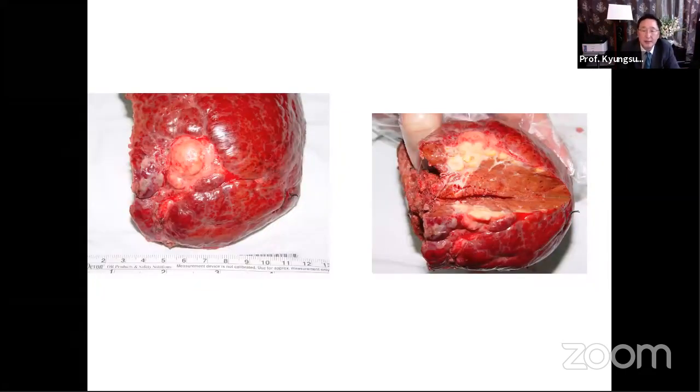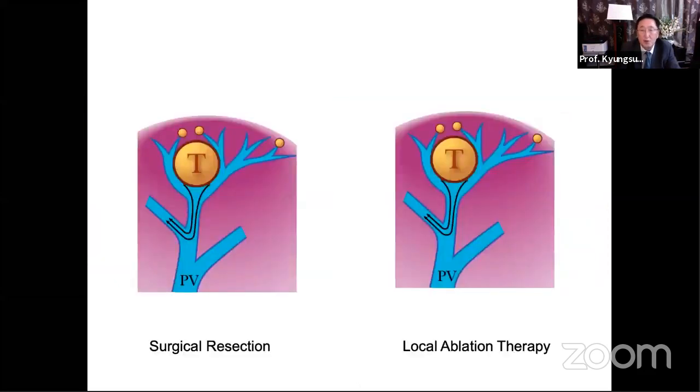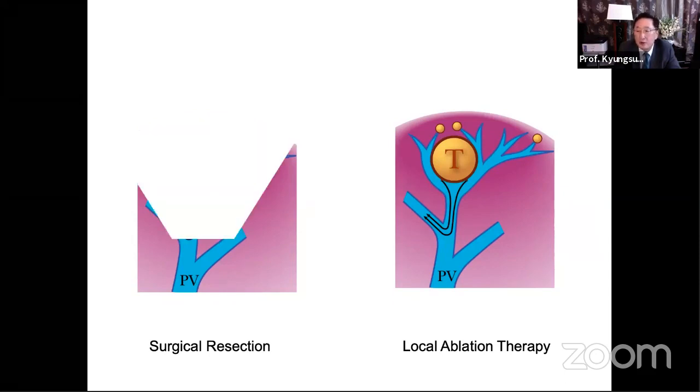This is a resected specimen. The patient already underwent TACE, and you can see the daughter nodules near the main tumor. Surgical resection is done according to the portal vein territories, so there is a high chance to remove all tumor, including daughter nodules.